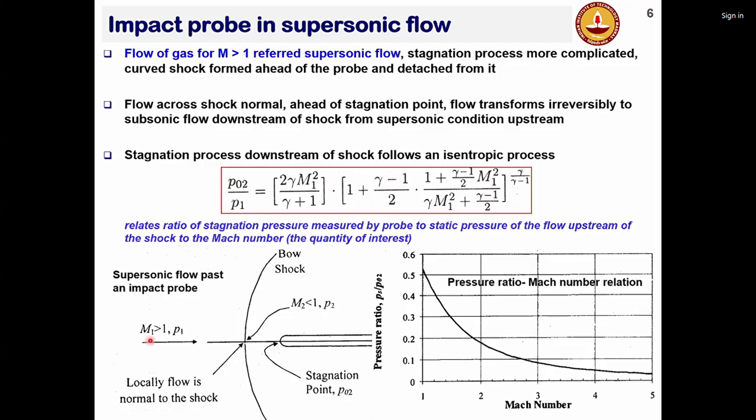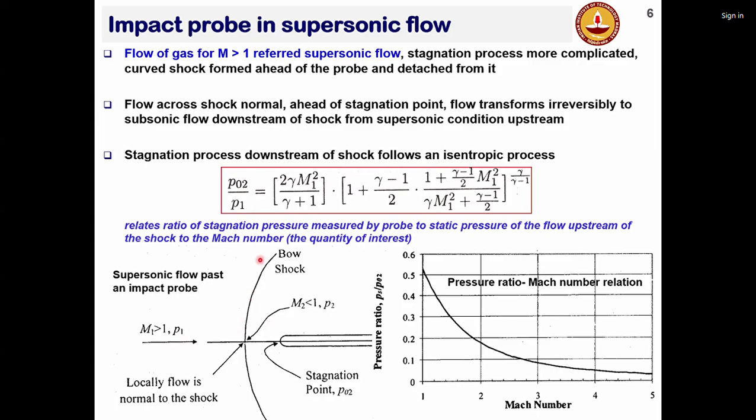On the left side of the shock, the Mach number is greater than 1, and the pressure is P1. Just right across the shock wave, the Mach number reduces from greater than 1 to less than 1. So on the right side, the Mach number is less than 1, and consequently, the pressure is also different.